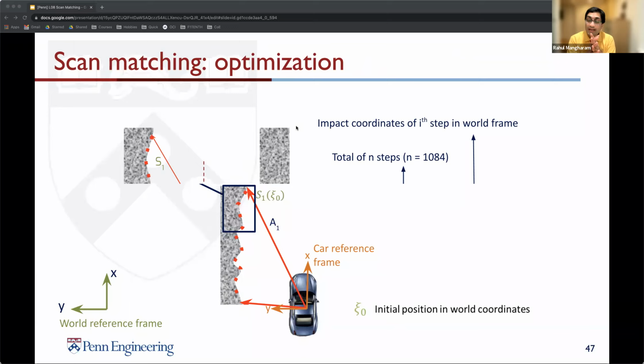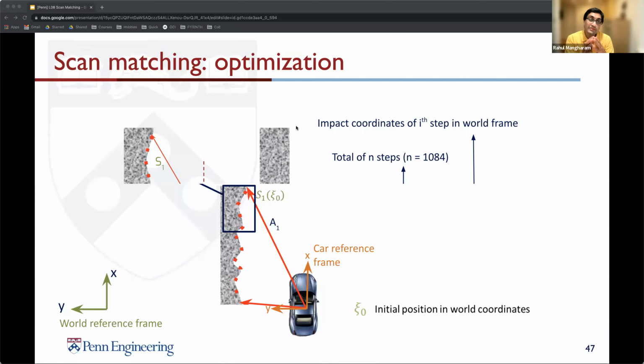So in general, scan matching is posed as an optimization problem. We calculate the position psi star of the car that minimizes the mismatch between the two consecutive scenes, where mismatch is calculated by this sum. For a given candidate position psi, Si of psi is the world position of impact point i.